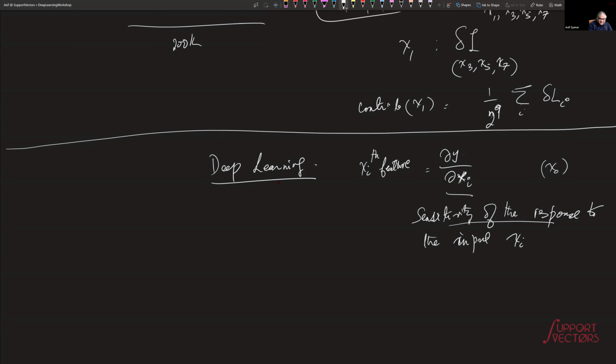It basically tells you that for small changes of xi, delta xi, how much will y change? Suppose y changes a lot, the response changes a lot. What does it mean? It means that xi matters quite a bit. So this is invariant of that.